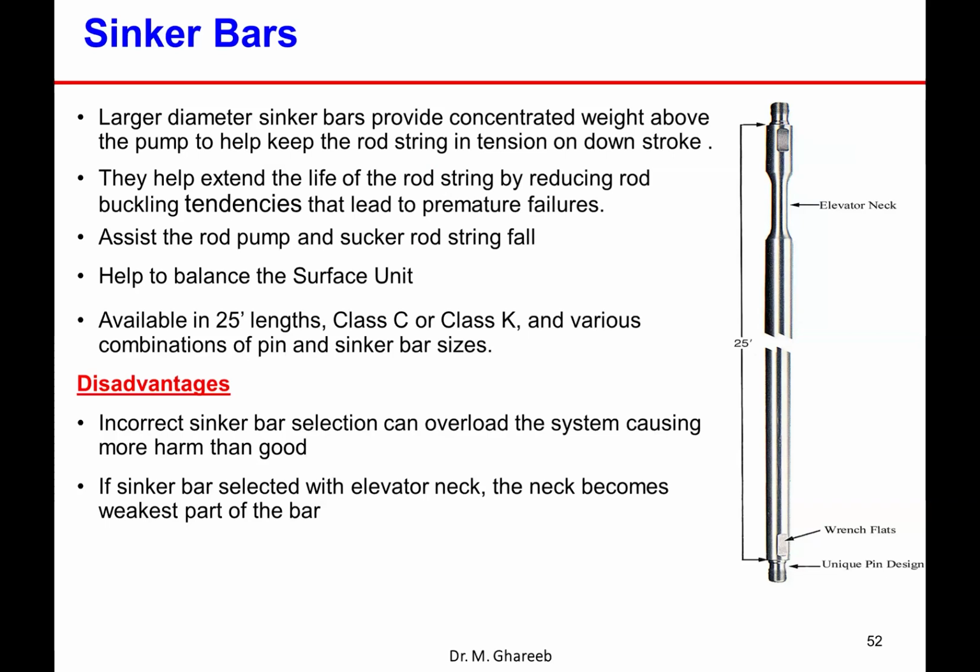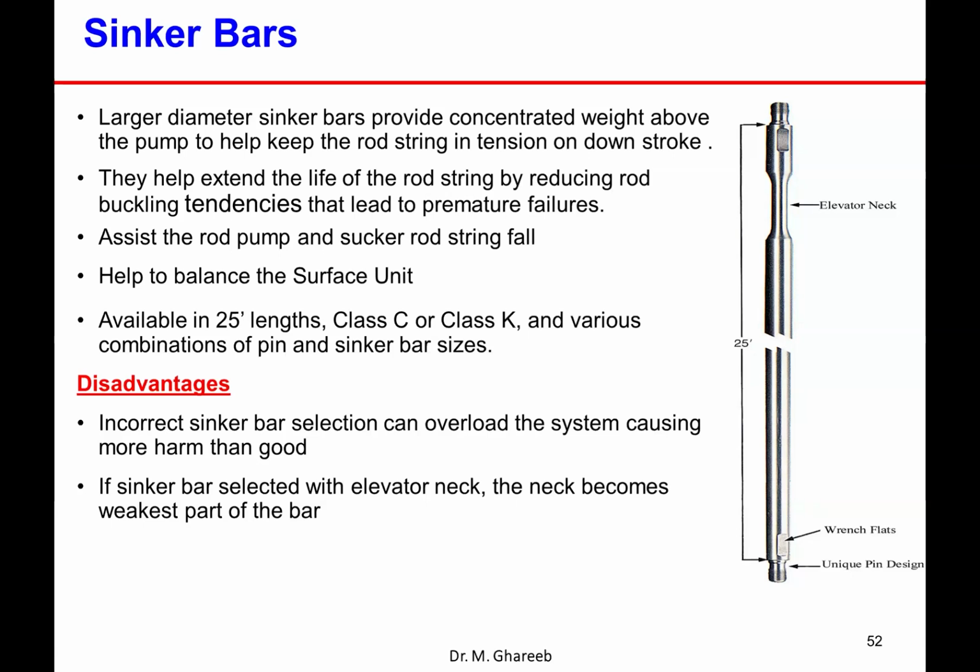Then the rod can be subject to buckling. In order to eliminate buckling, they use a heavyweight bar, just big bore steel rods, called sinker bar. The main function of the sinker bar is to help the rod string stay under tension and reduce its buckling tendency.